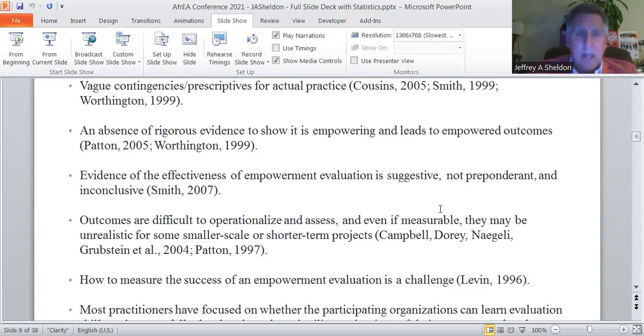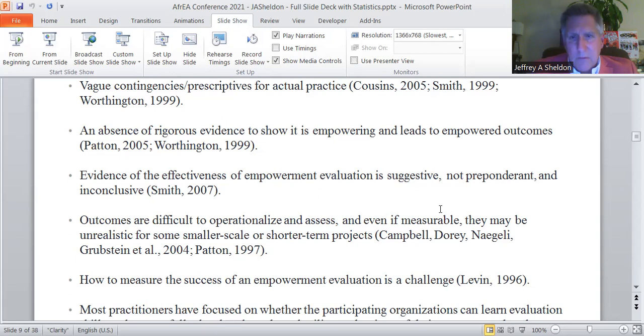Okay. There's an absence of rigorous evidence to show that it is empowering and leads to empowered outcomes. The evidence of its effectiveness is basically suggestive, because there haven't been many studies that looked at the outcomes of empowerment evaluation.